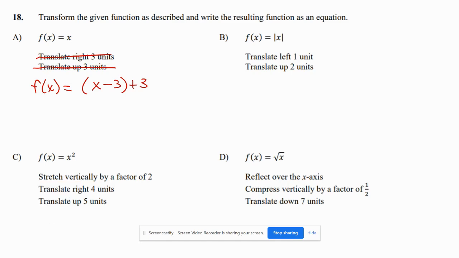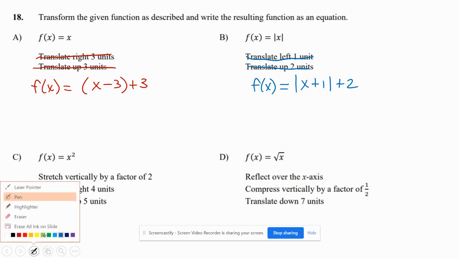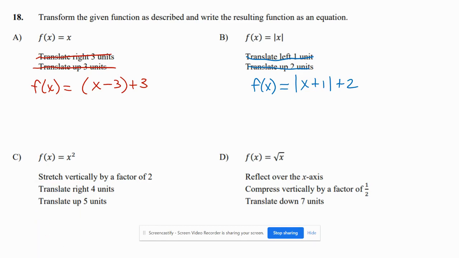Okay. B is absolute value. Okay, so we want to translate left 1 unit. So inside the absolute value, because we want it to go left, we're going to do plus 1. And then we want it to go up 2 units, so our k will be a positive 2. C is quadratic.